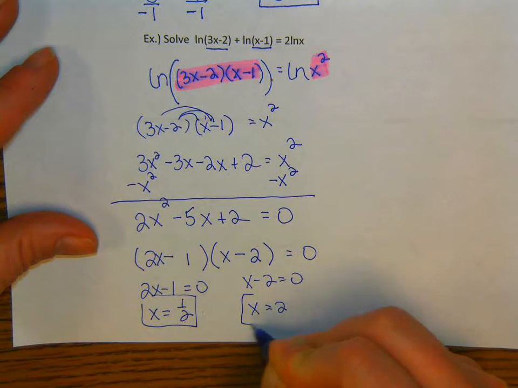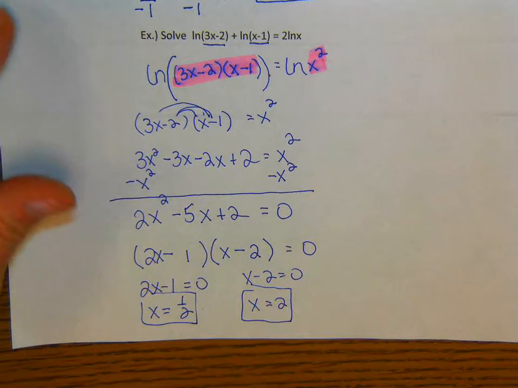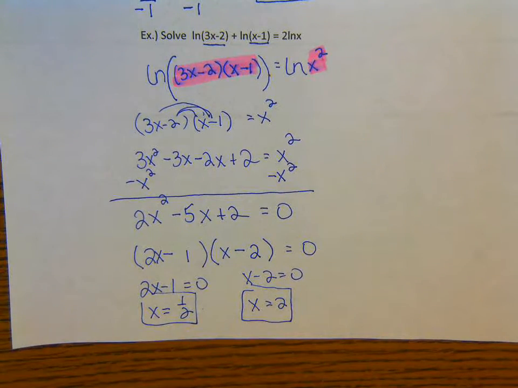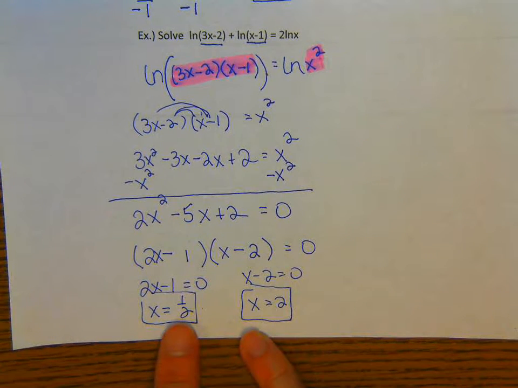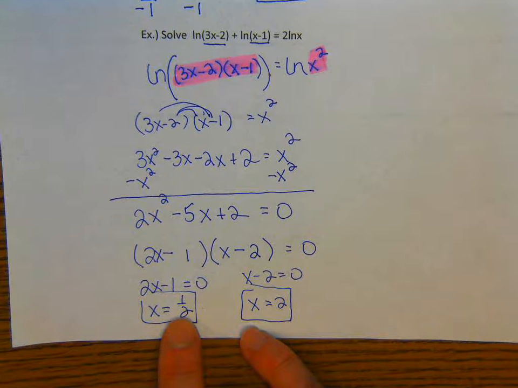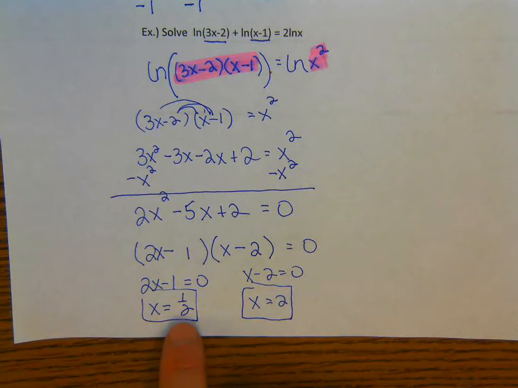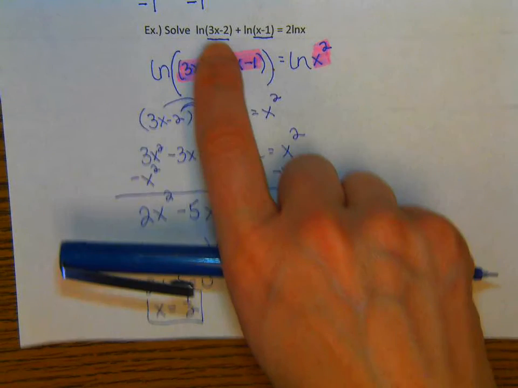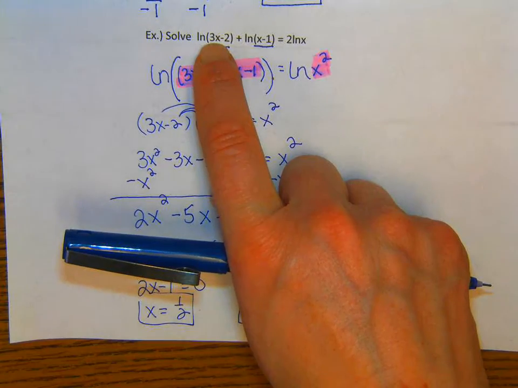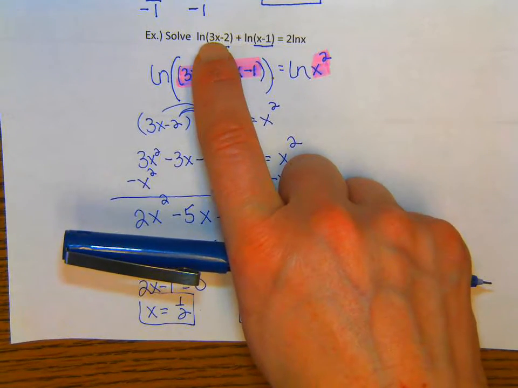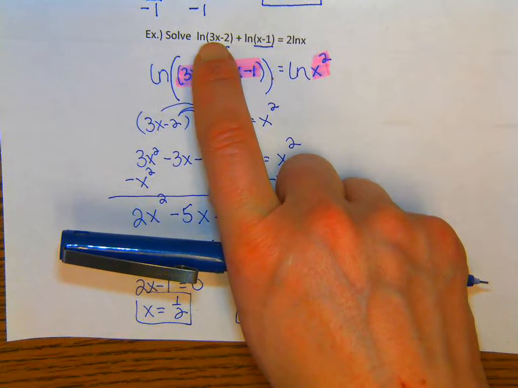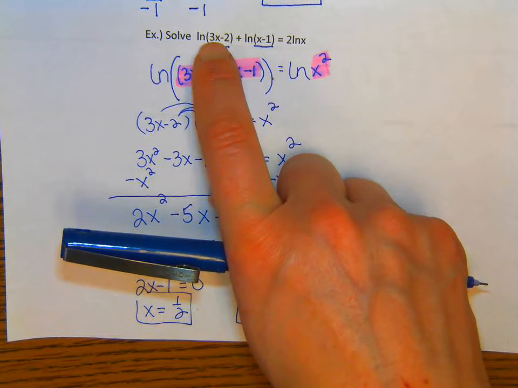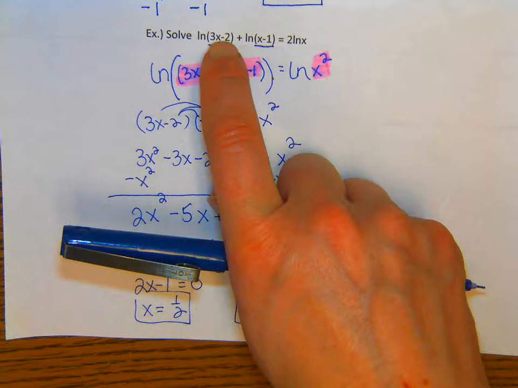Now because we dropped those logarithms out, we have to make sure that these work in the original because we can only take the logarithm of a positive number. And I notice a problem with this 1/2, and here's why. When I put 1/2 back in for x in either expression, I would get 3 times 1/2, which is 1.5. 1.5 minus 2 is a negative number.